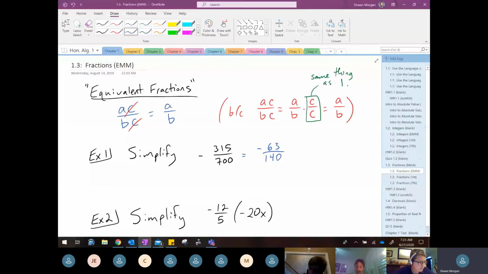Now again, the behind the scenes look at what's going on there is that we said, okay, 315 is the same thing as 63 times 5, as Tiago said, and 700 is the same thing as 140 times 5. And we're choosing to what? Cancel those 5s out. And that's how we got up here to this fraction. Okay? Joey, what's something else that goes into the top and the bottom of that fraction? Spot anything else?